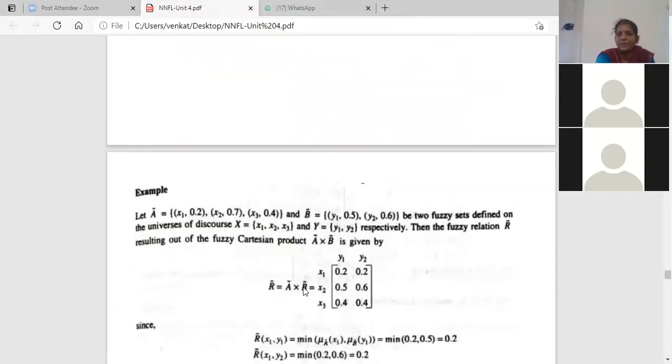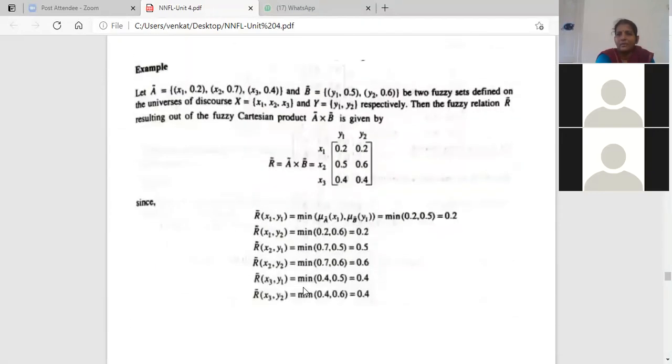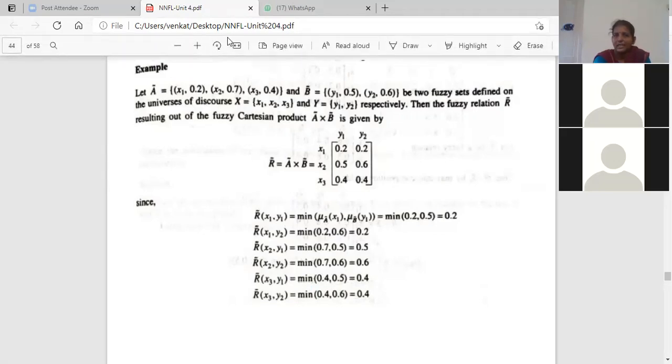So example, you can note down this example. A and B, two fuzzy sets. The fuzzy relation is given by how to calculate this fuzzy relation. Okay, already in our last class I have given you. Anyway, please note down this example. All of you please note down this example and work out.